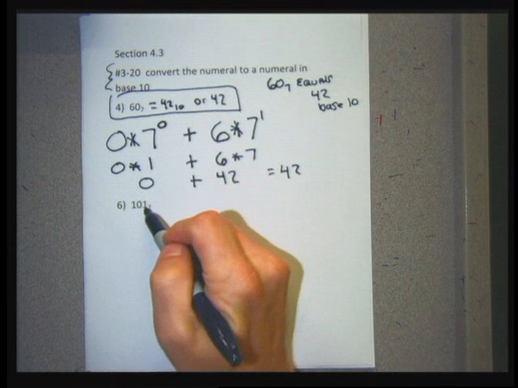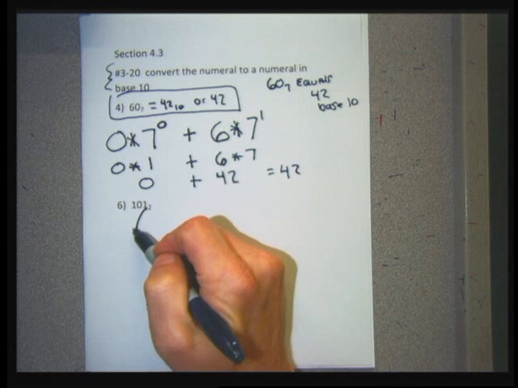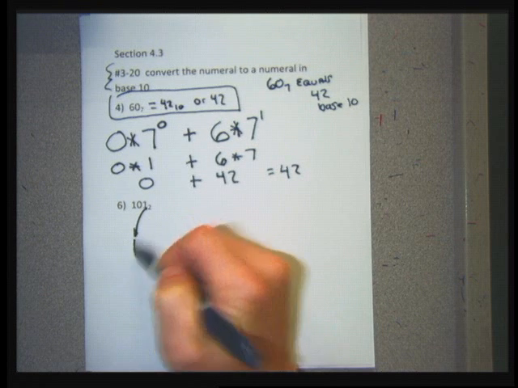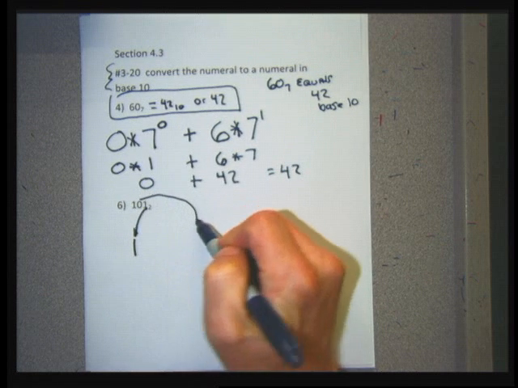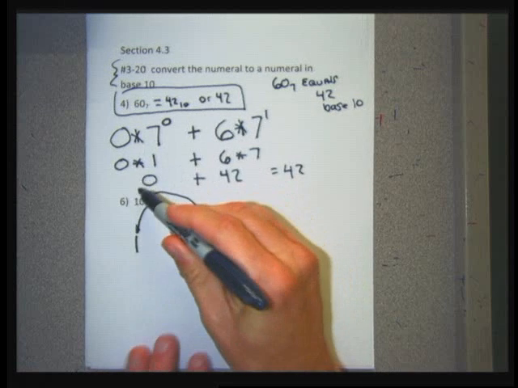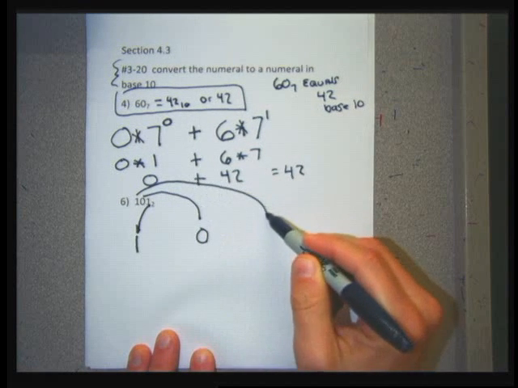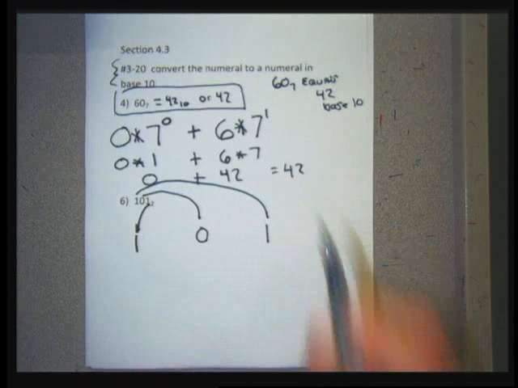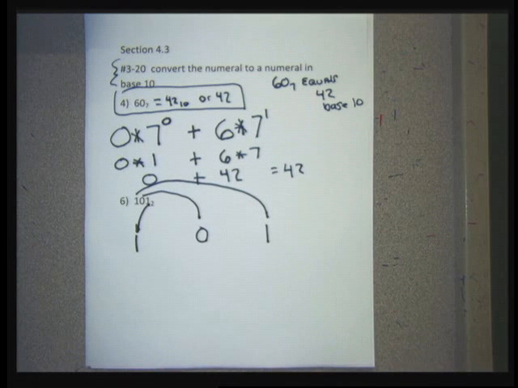So for this problem 6, I'm going to take the 101 and write it backwards to convert 101 base 2 into base 10. I take the number that's given and write it backwards.